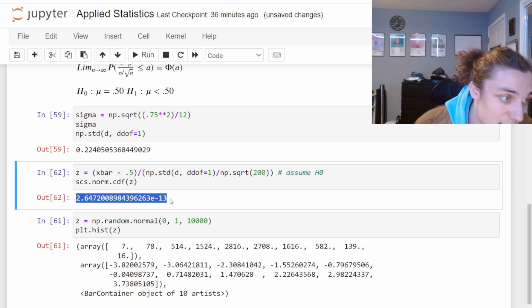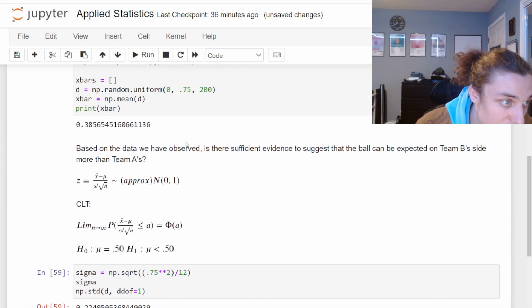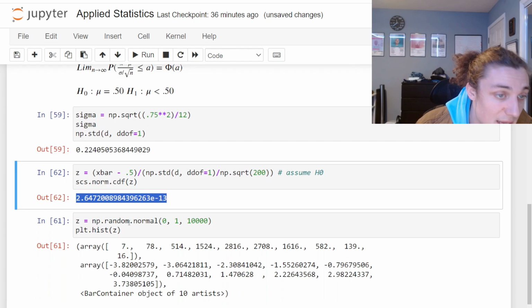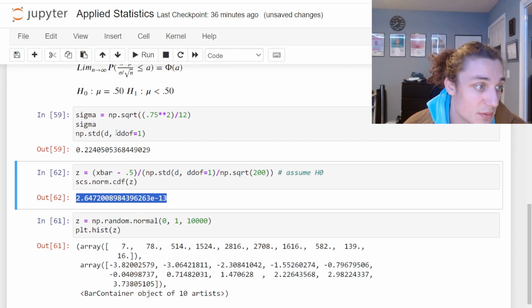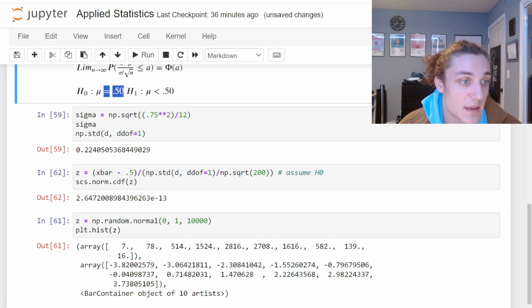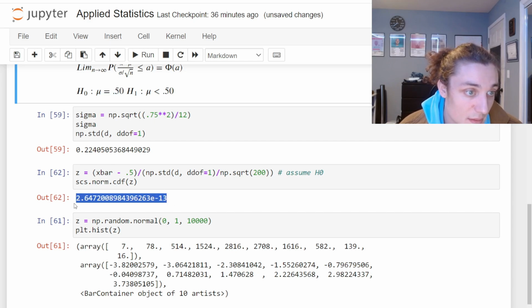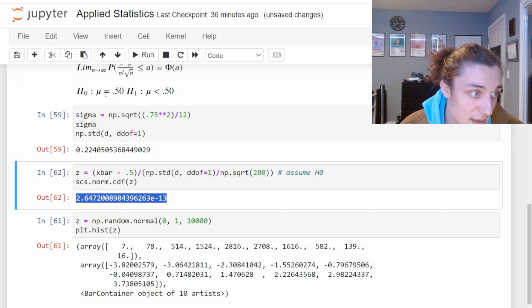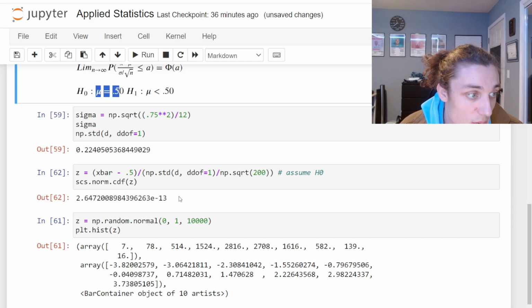So what this probability is saying is this is the probability of observing the data that we've recorded from Team A and Team B's soccer games if the population parameter is 0.5, that is, they spend most of the time in between both sides of the field. The probability of this being the case, that the true parameter is 0.5, is puny.